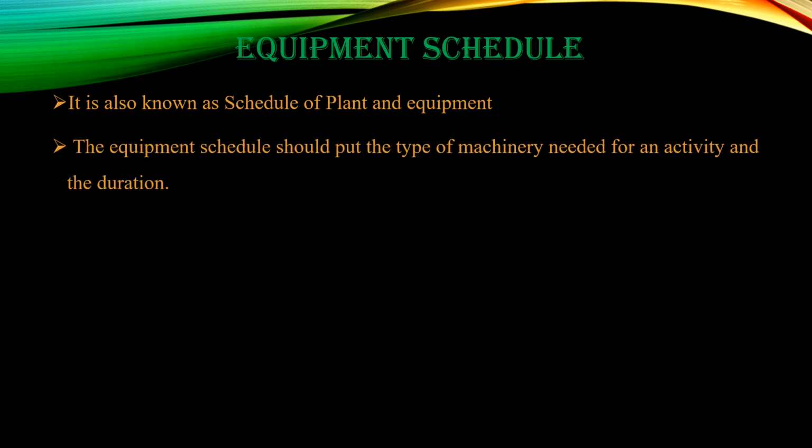Now, we have to study what is equipment schedule. It is also known as schedule of plant and equipment. The equipment schedule should put the type of machinery needed for an activity and duration.